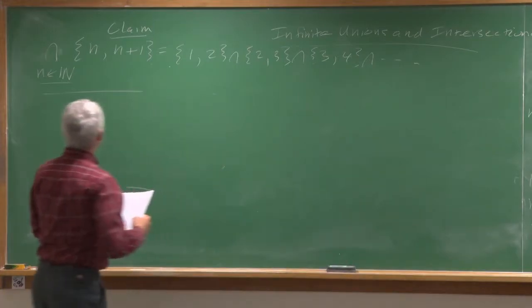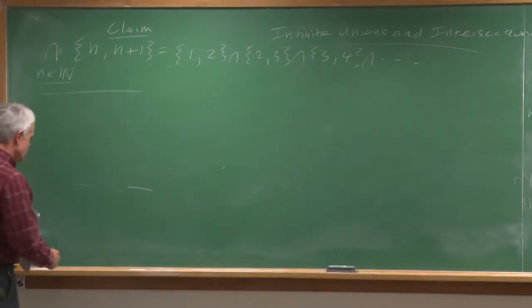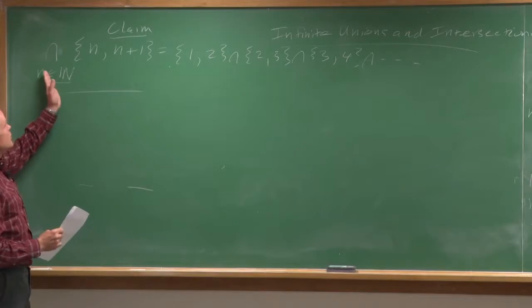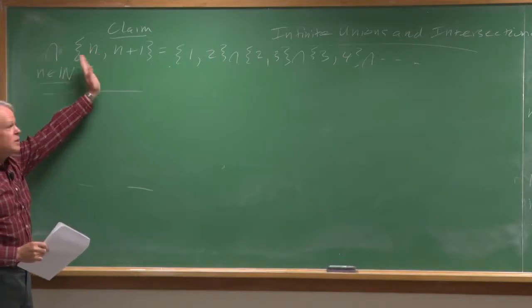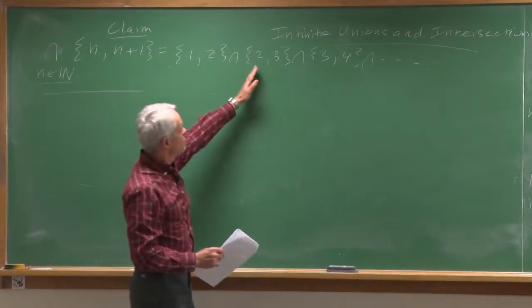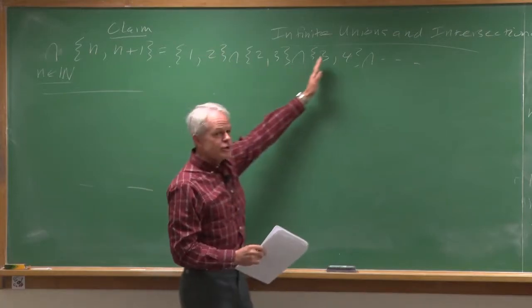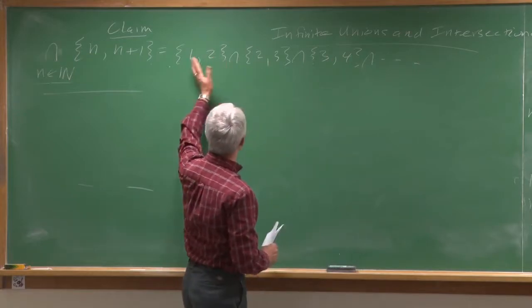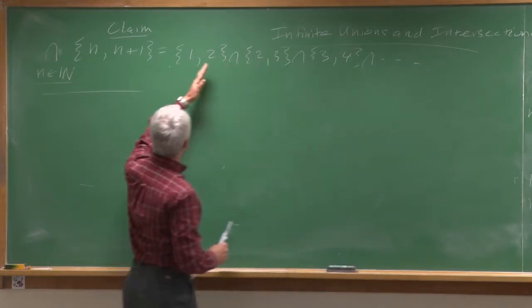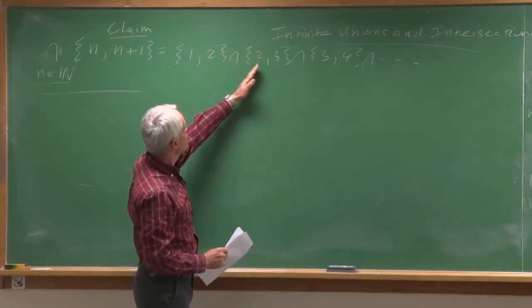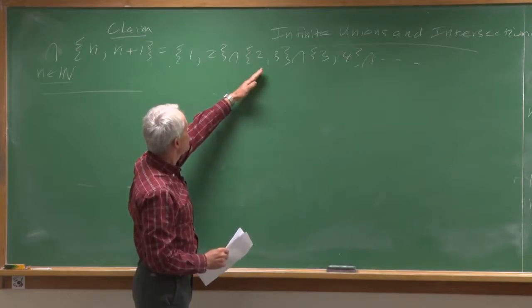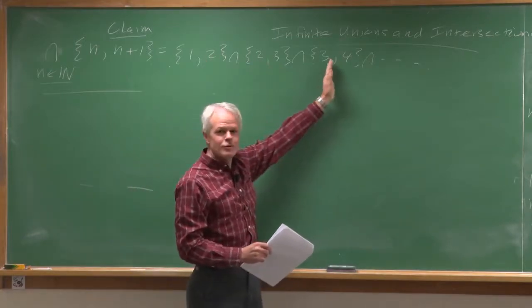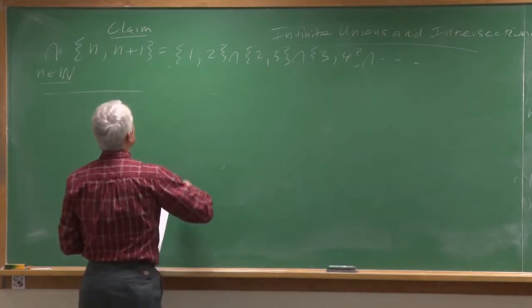Okay, so to say that something is in the intersection means that it's in all of them. It would have to be in these three. What element is in all three of these? Nothing. 2 is in the intersection of these first pair, but then it's not in here, so this intersection is empty.